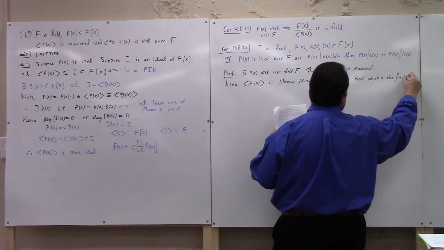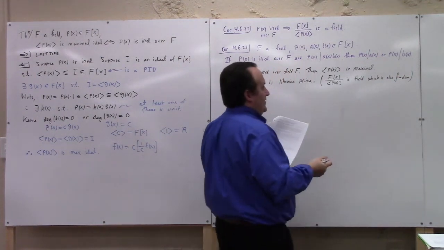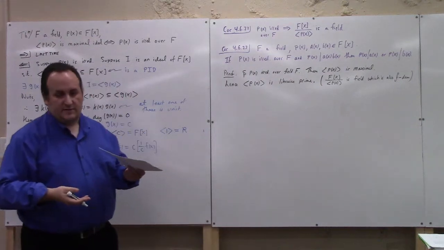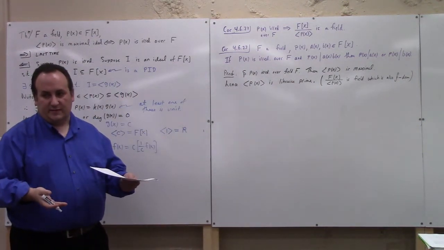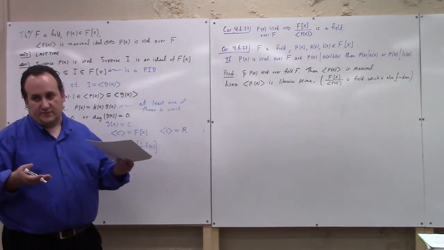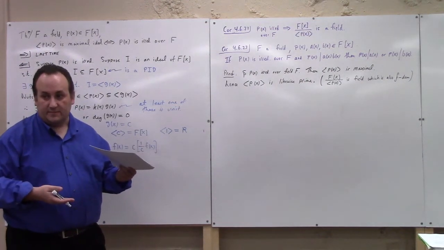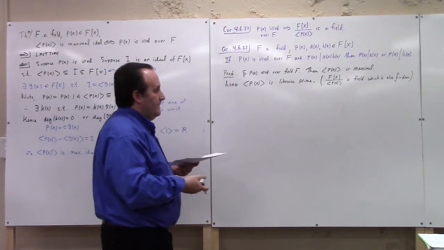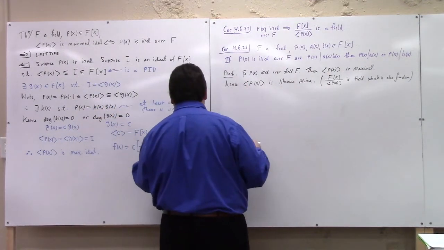A field is an integral domain with extra structure. Remember, we had before proved that a quotient is an integral domain if and only if the ideal which you're modding by is a prime ideal. So this is a prime ideal.